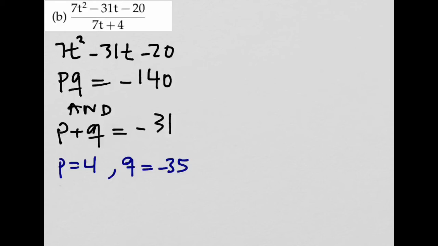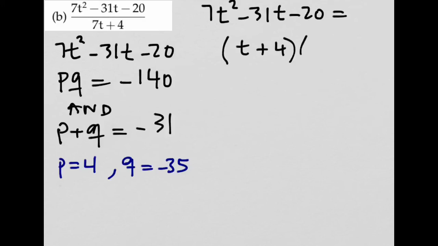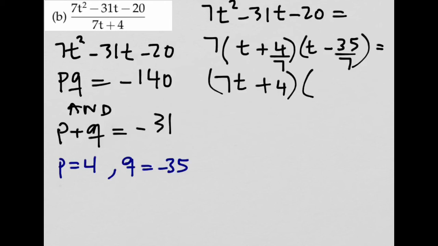So we write 7t squared minus 31t minus 20. In factored form, that would be t plus 4, t minus 35, multiply by 7, and divide by 7 accordingly. So in factored form, we get 7t plus 4, t minus 5.